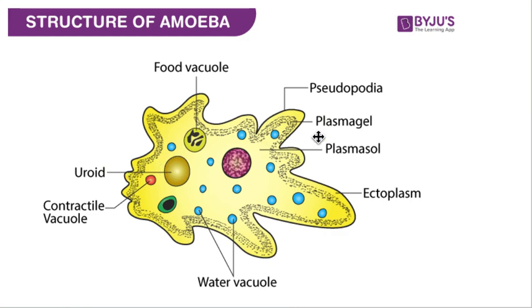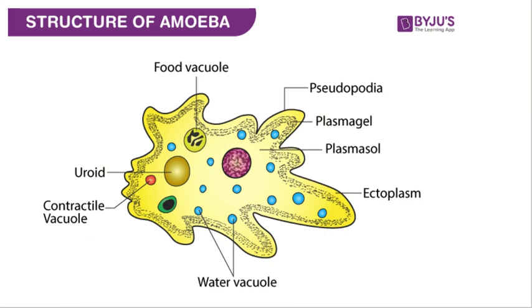The purple thing in the middle is the nucleus, and that's where all the genetic material is. They can reproduce asexually or sexually. There's a uroid, which stores all the excess waste. Plasma and ectoplasm are basically the filling inside the amoeba. That's basically an overview of the amoeba.